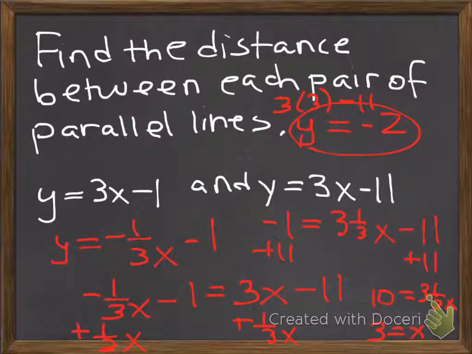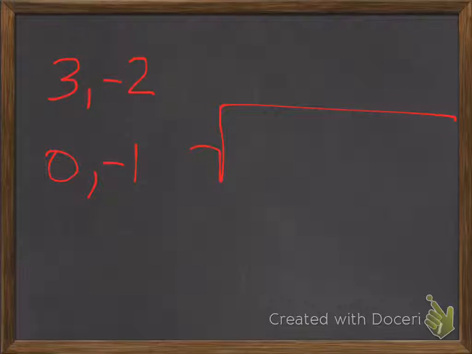So this is the point that I'm going to use along with the y-intercept that I used for my perpendicular equation to plug into the distance formula. So I have (3, negative 2) and (0, negative 1). With the distance formula, you subtract the x's and square them, add that to the subtracted y's squared.